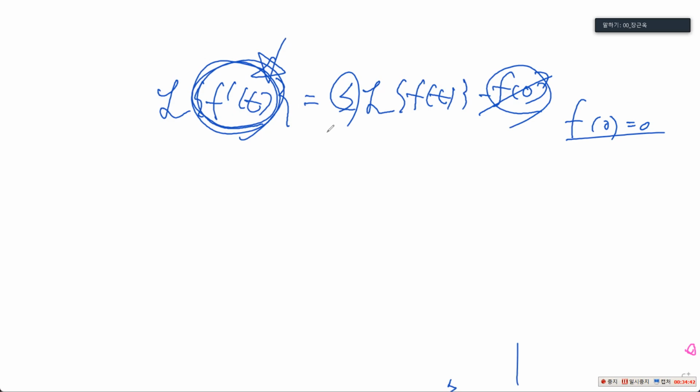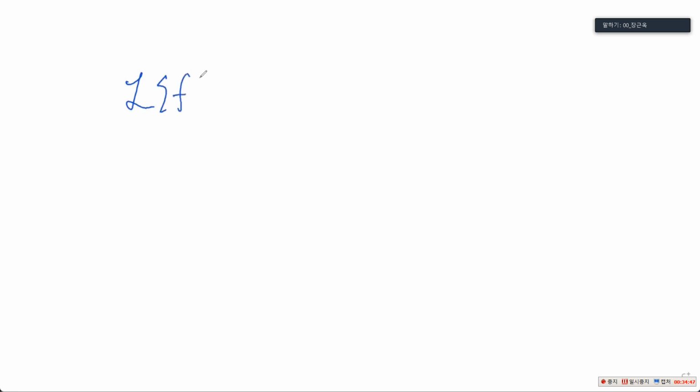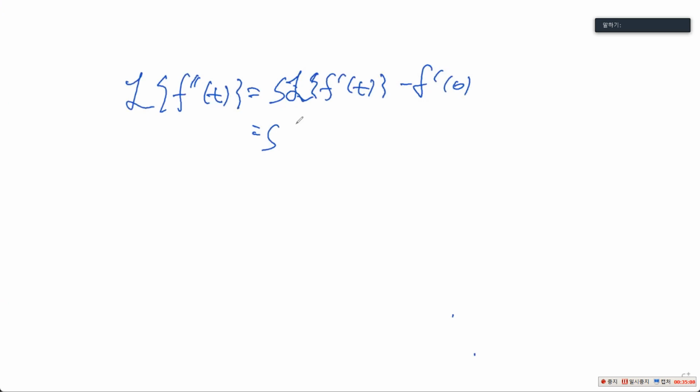Then, since we have this result, why don't we do the second derivative? The Laplace transform of the second derivative f double prime t is s times the transform of f prime t minus f prime 0. Okay. It gives s times (s F(s) minus f(0)) minus f prime 0.